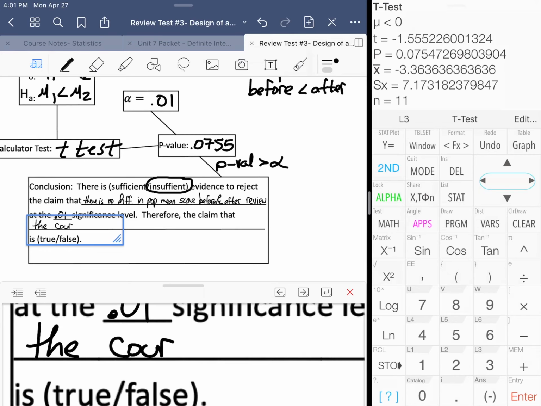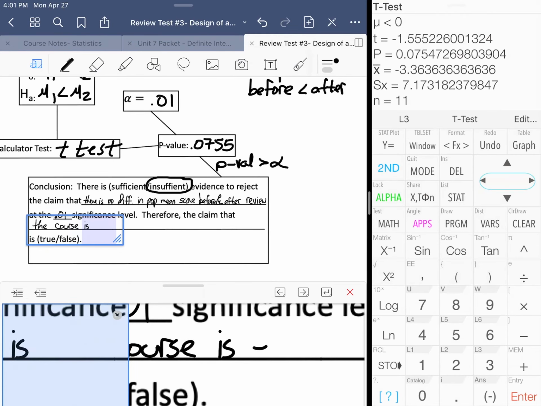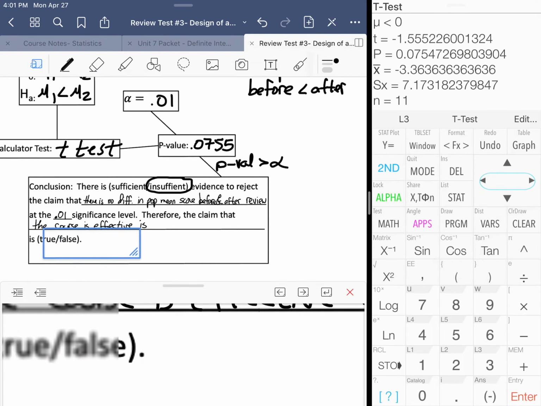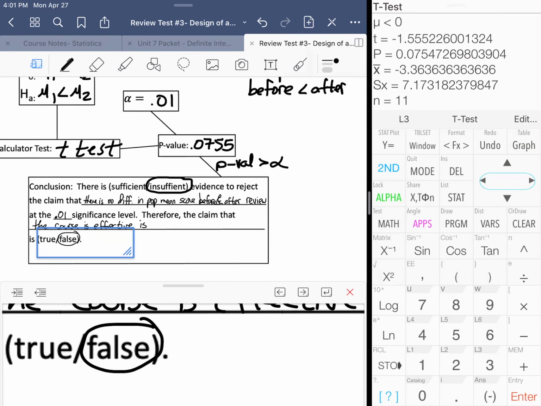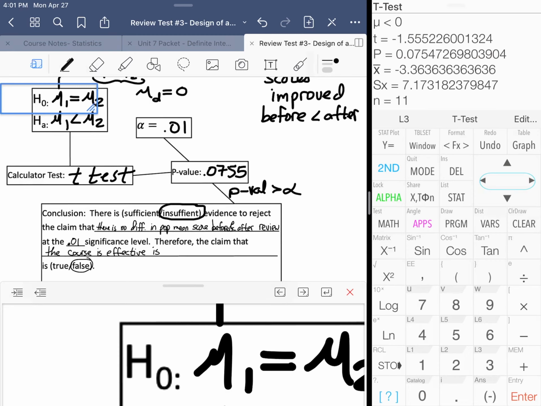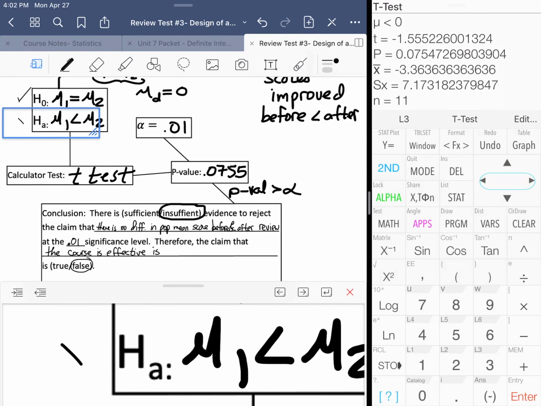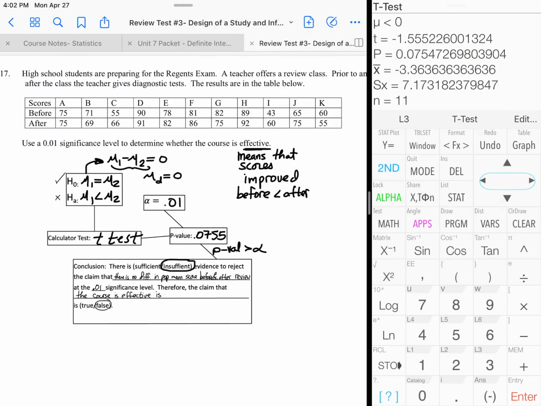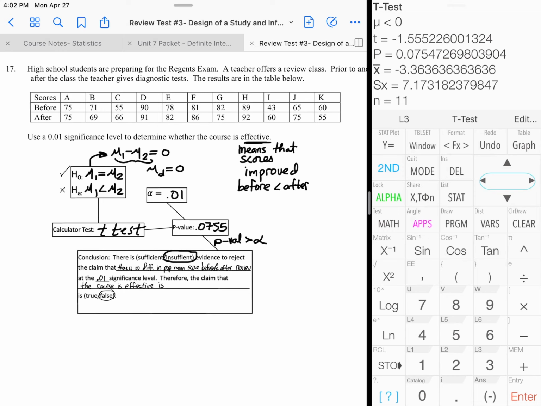Therefore, the claim that the course is effective is going to be false. And again, that's because we didn't have enough evidence to say that the null was incorrect, so we're going with that, which means the alternative has to be the one that's incorrect.